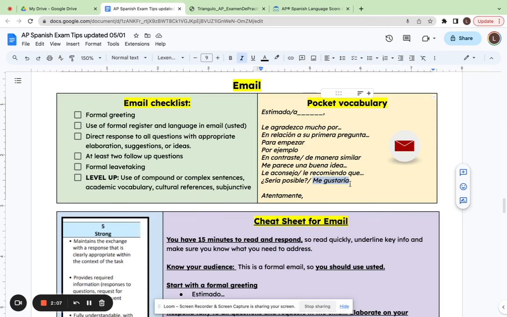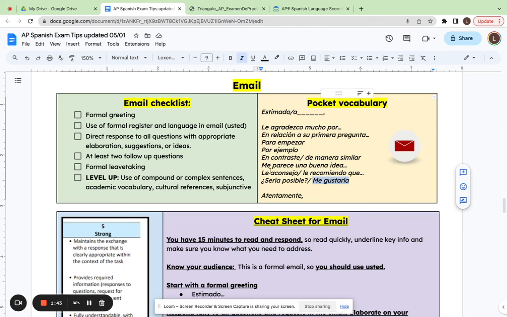You're going to finish up this email with a formal leave taking, such as atentamente, and then finish up that email. Something to keep in mind is if you want to do more than just pass this section and get a 4 or 5, you need to use compound or complex sentences, academic vocabulary, some kind of cultural reference, or even sneak the subjunctive in.